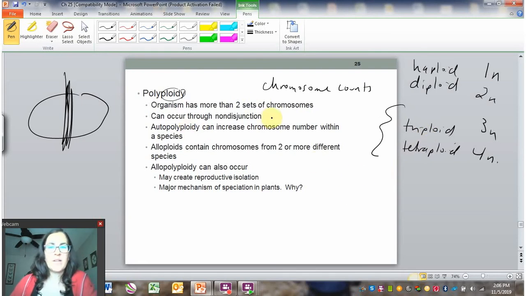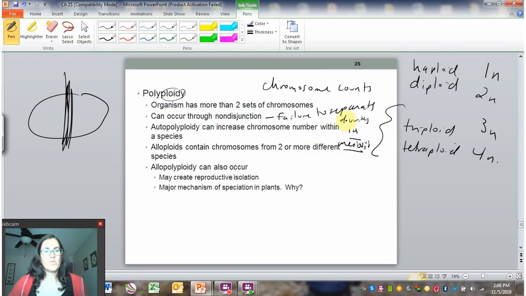These occur through non-disjunction. This is a failure to separate during meiosis. So again, tapping into your memory of cell division from previous classes. So the chromosomes normally split apart during meiosis. If they fail to split apart, then you can end up with extra sets of chromosomes.